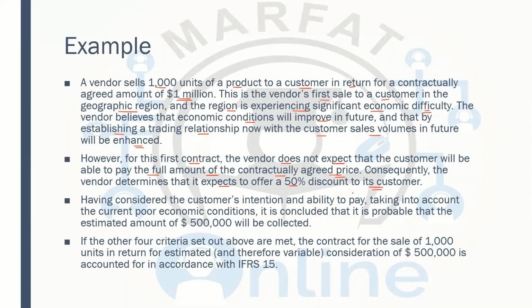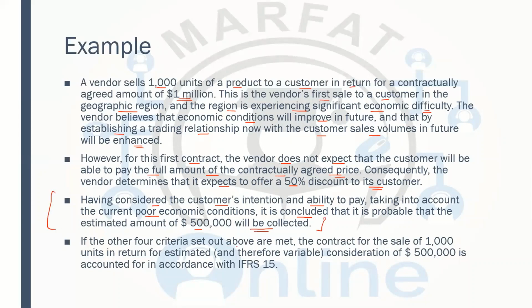That means they will be receiving 50% payment. Having considered the customer's intention and ability to pay, taking into account the poor economic conditions, it is concluded that it is probable that the estimated amount of 500,000 will be collected. That means 50%, half of the amount.